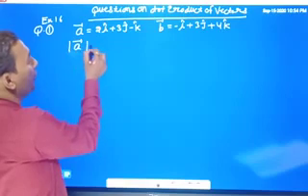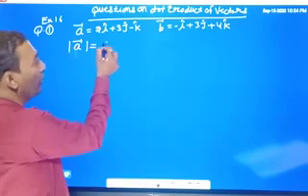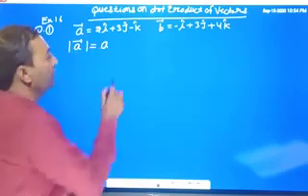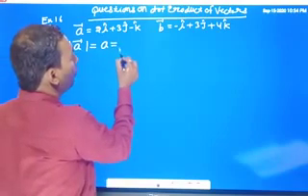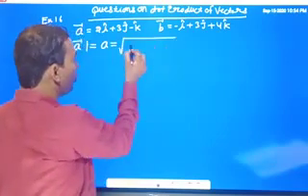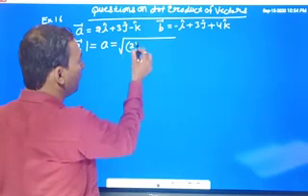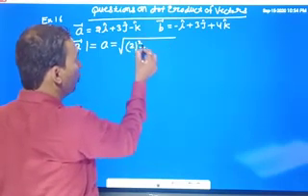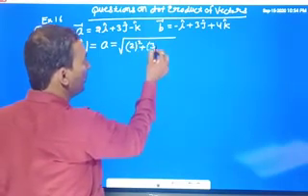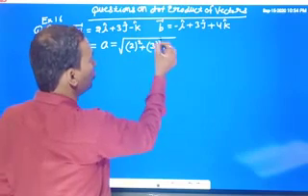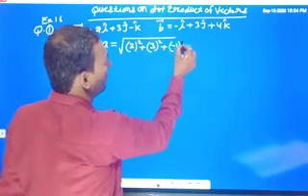Then the magnitude of a is written like that. What is the magnitude of a? It is the square of the coefficient of i cap plus the square of the coefficient of j cap plus the square of the coefficient of k cap.